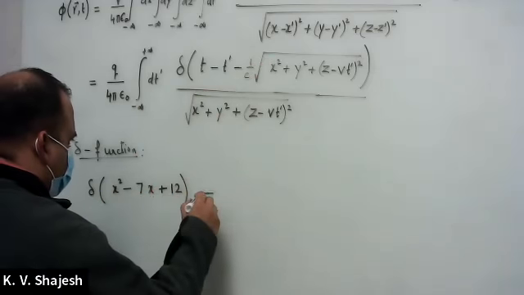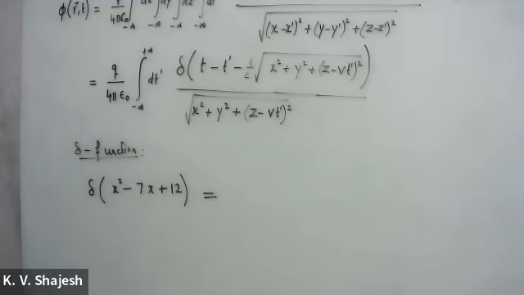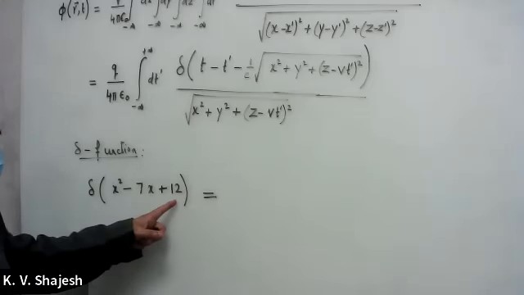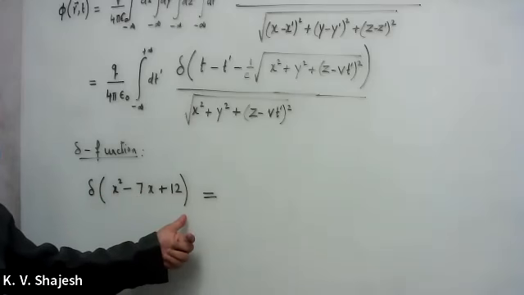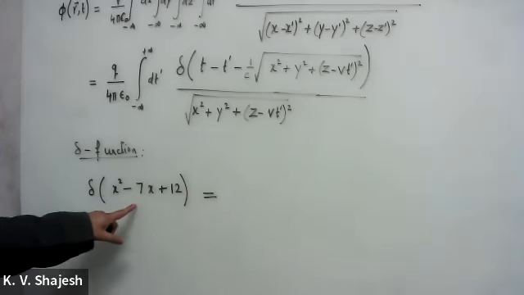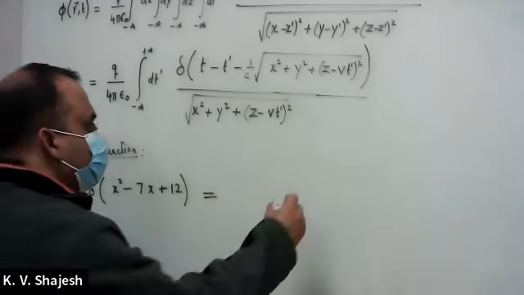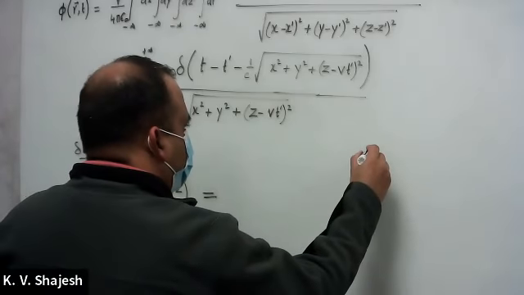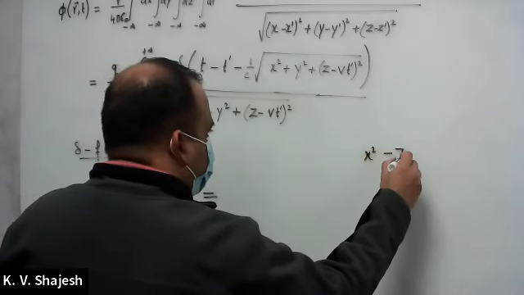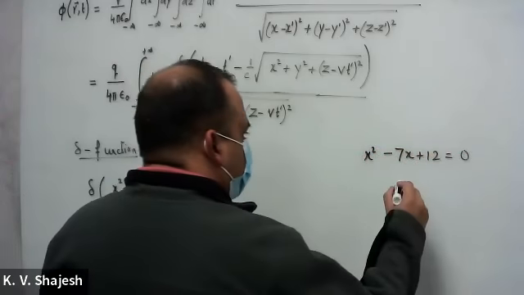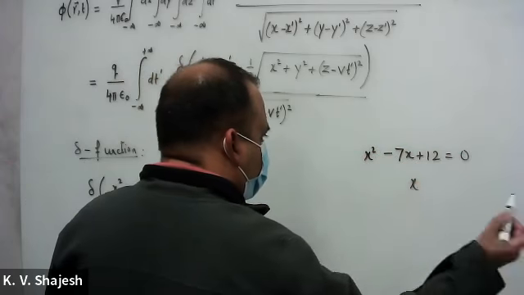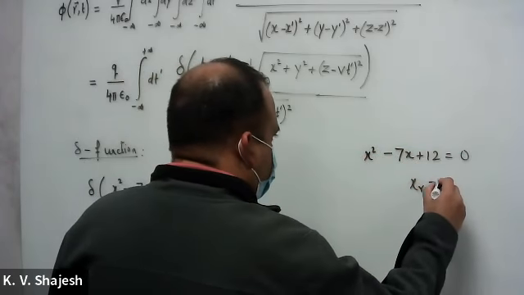So what is that equal to? You first say that, okay, that's a quadratic equation. If I want to know where this delta function contributes, I first have to find the solutions. So x squared minus 7x plus 12 equals 0. What are its roots? 3 and 4, right?